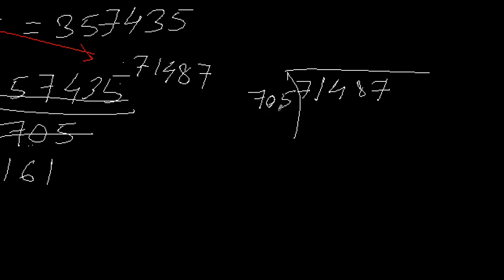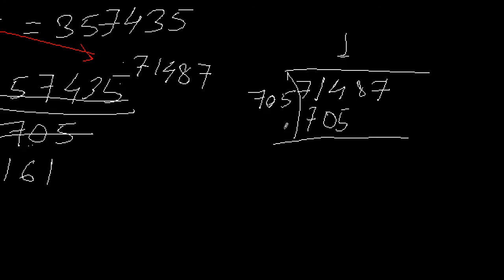How much will that come? Let me see. 705, if I take the first 3 digits at first, that means 714. So 705 ones are 705, because if I multiply it with 2, that will be greater than 714. So let me take 705 at first.